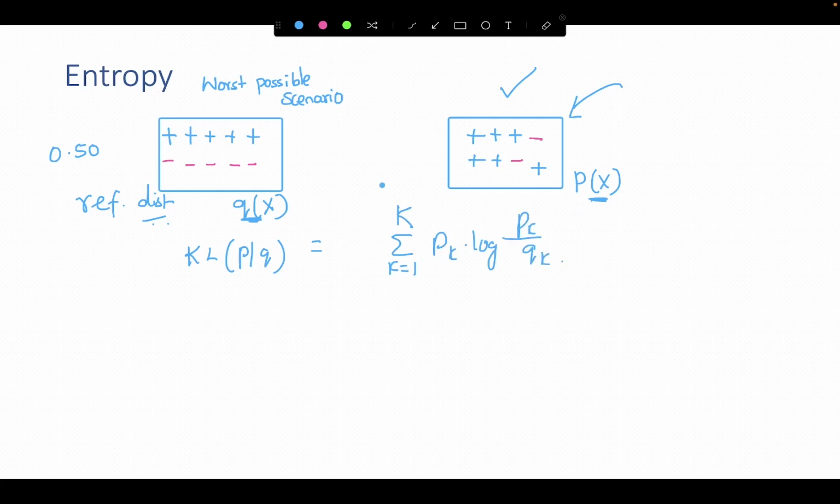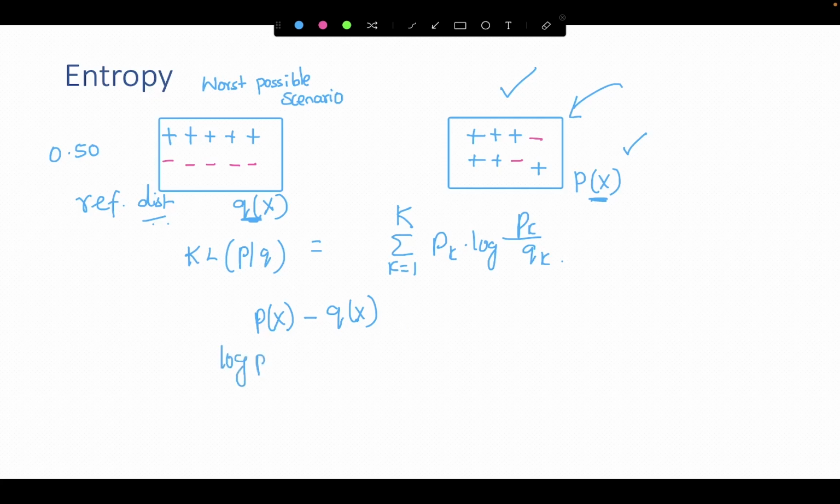For those who do not understand how we arrived at this formula, let me break it down a little better. We are trying to assess the difference between this distribution and the reference distribution Q of X. P of X here is the distribution for which we need to understand how far away it is from the reference distribution, right? So let me apply log to this whole term.